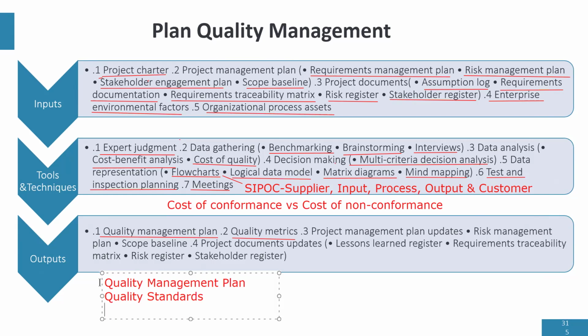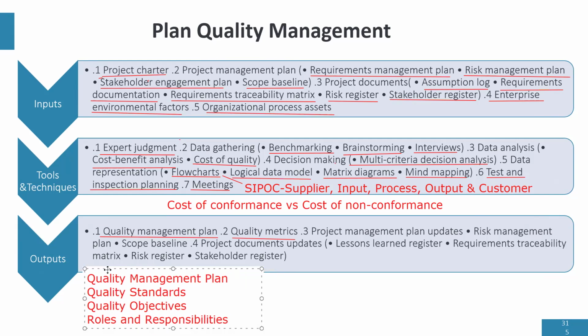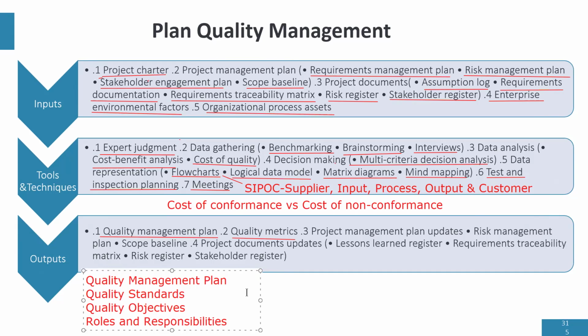It houses quality objectives, right? Which might be the defect rate and the roles and responsibilities, which talks about what people are going to be responsible for in terms of quality activities, who's going to carry out audit and inspections, and so on.